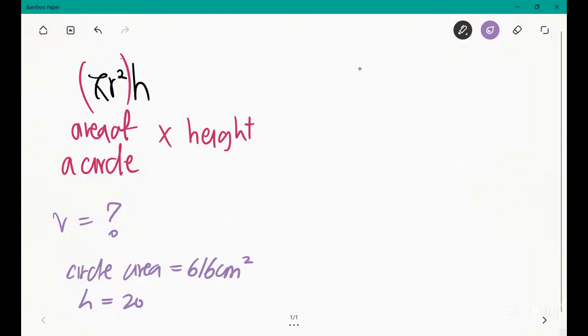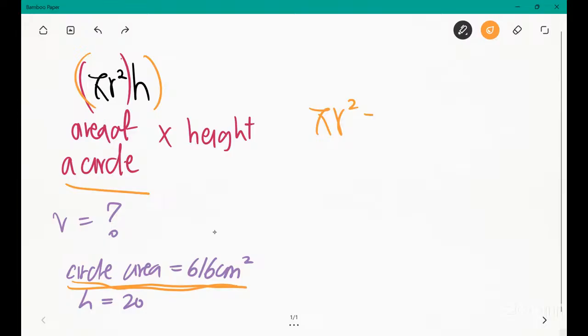So in your volume equation, remember your broken parts. It's the area of a circle, which you know is pi r squared, into the height. They have given you the circle area as 616. So instead of using the whole equation to do a long method, you can directly use the circle's area, which is pi r squared.